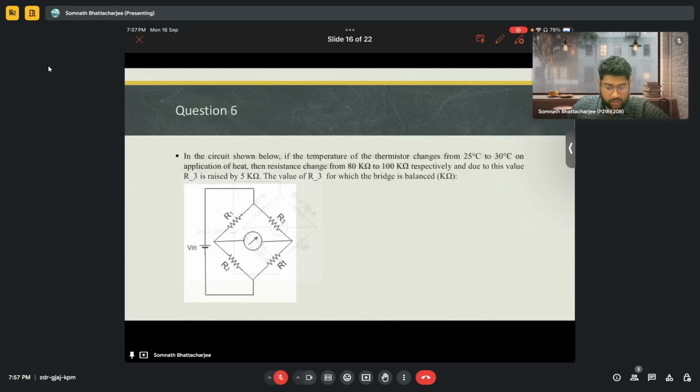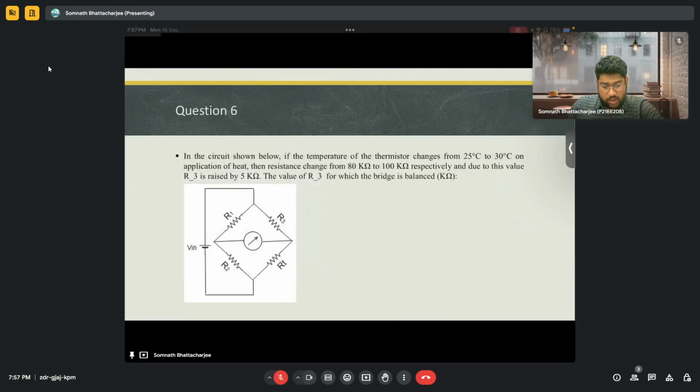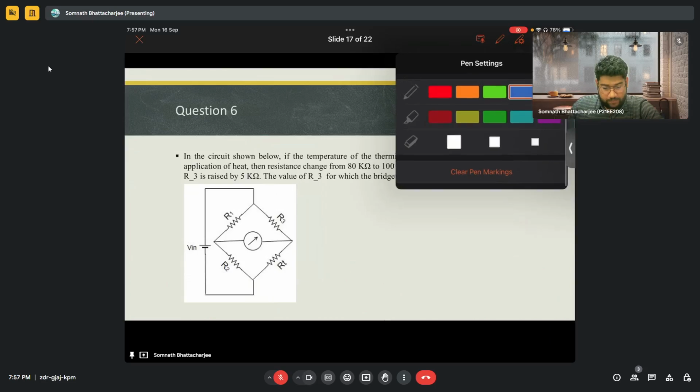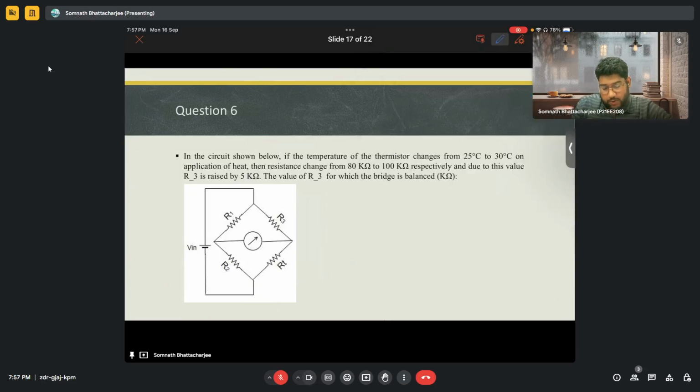We'll move on to the next question. In the circuit below, if the temperature of the thermistor changes from 25 degrees C to 30 degrees C, on application of heat, the resistance changes from 80 kilo ohms to 100 kilo ohms.